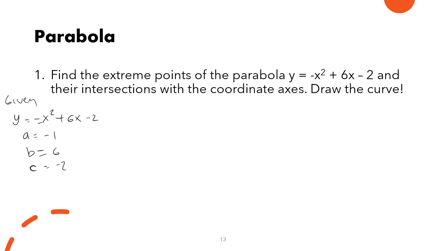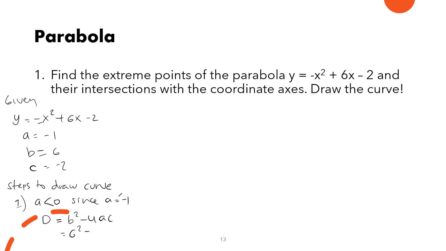The steps to draw the curve. First of all, define the a. A is smaller than 0 since a is equal to minus 1. And then the discriminant here is b squared minus 4ac. Fill in 6 squared minus 4 times minus 1 times minus 2.